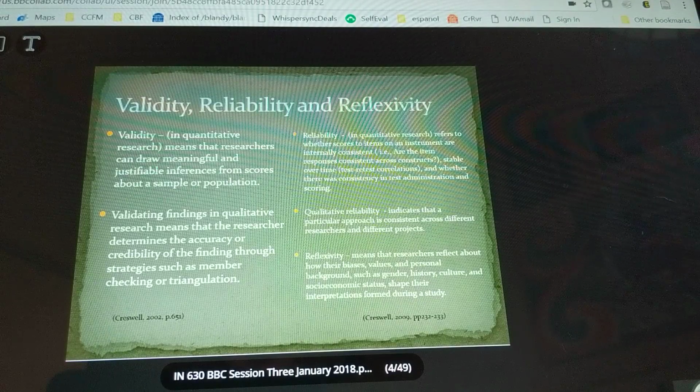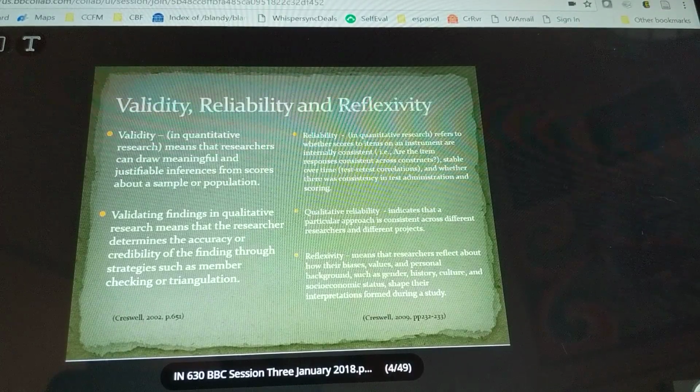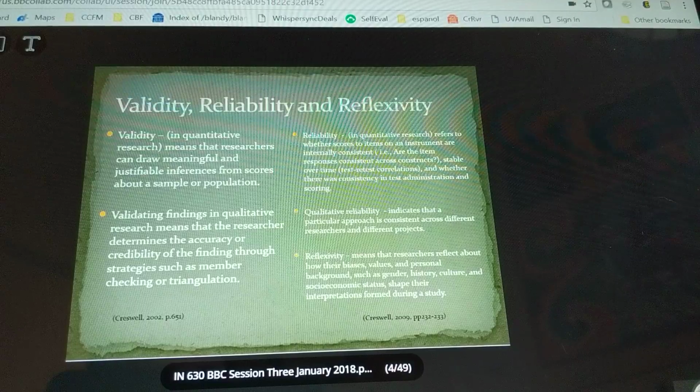The second bullet down, validating findings in qualitative research, means the researcher determines the accuracy or credibility of the finding through strategies such as member checking or triangulation.